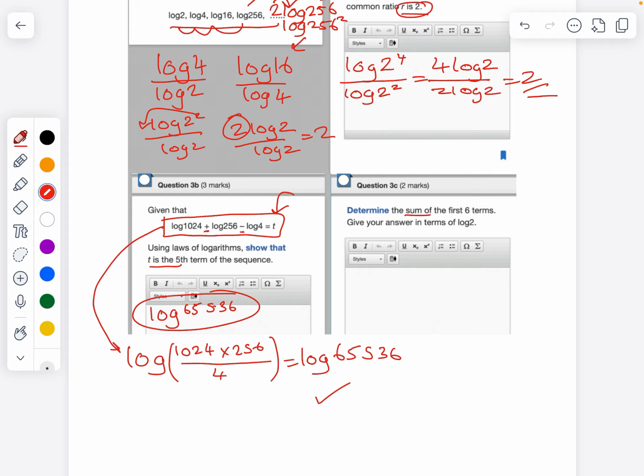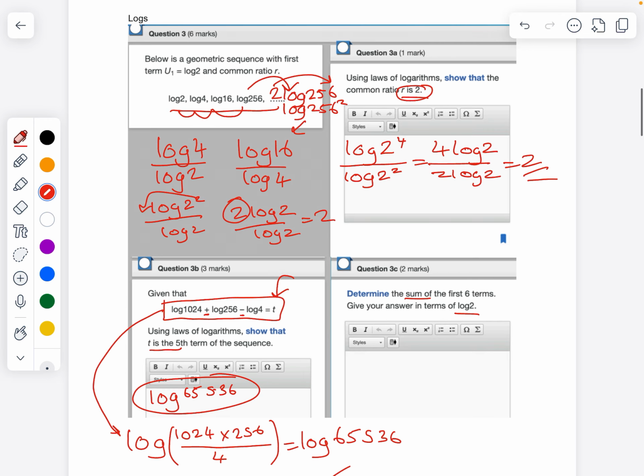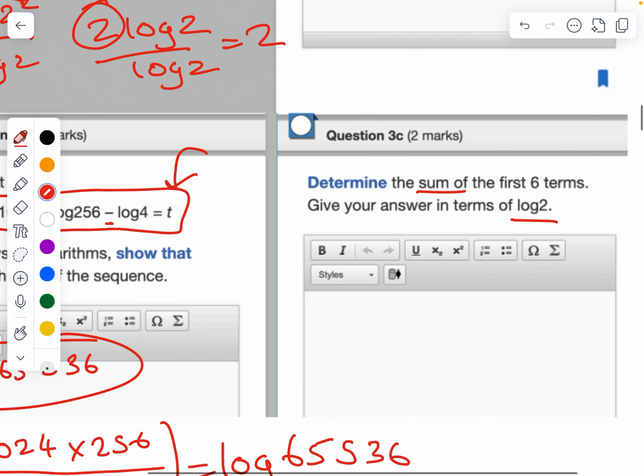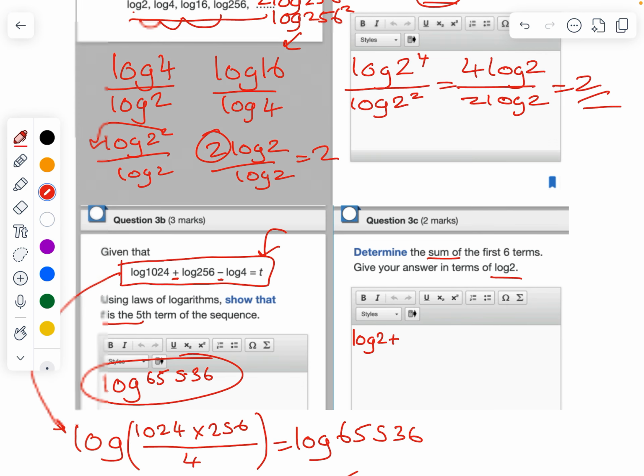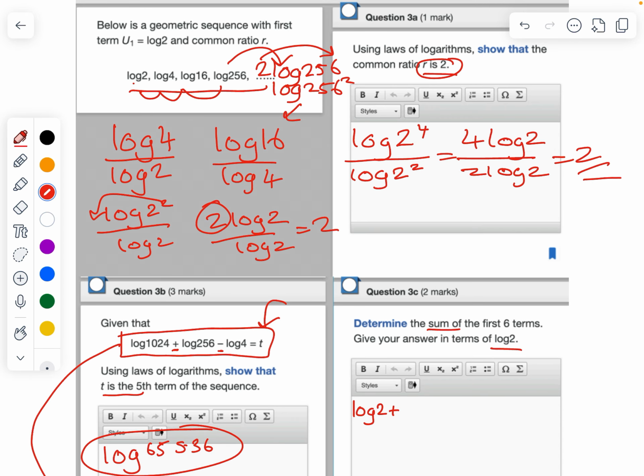Right, and then the next question says, show the sum of the first 6 terms, find the sum and then give it in terms of log 2. So in this question, we already have 1, 2, 3, 4, 5 terms. Okay, but I'm going to write them in terms of log 2. The first one is log 2.